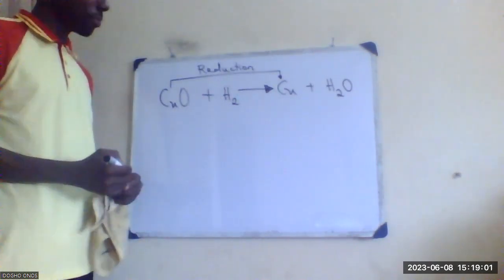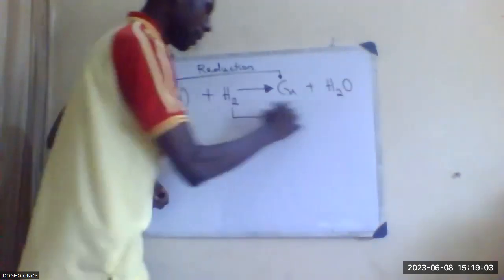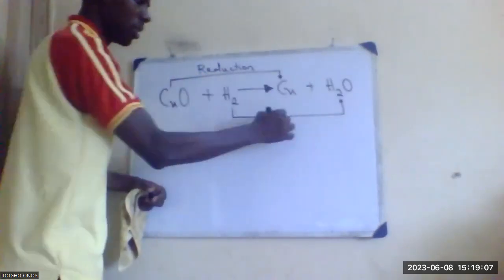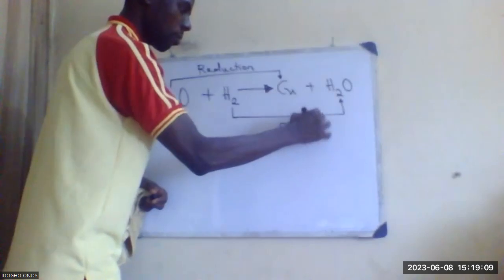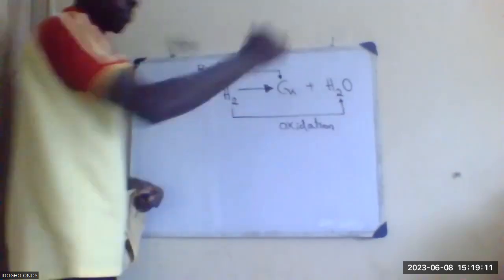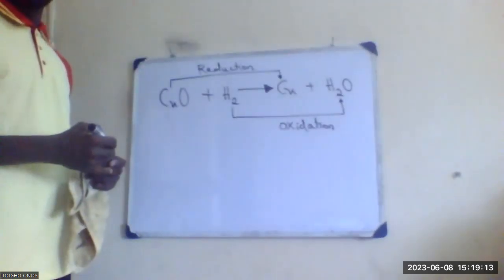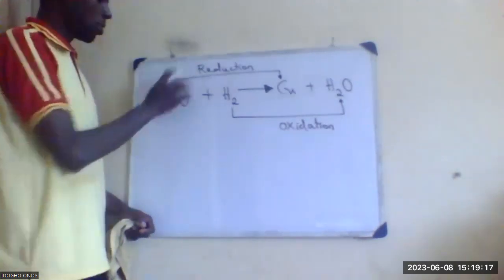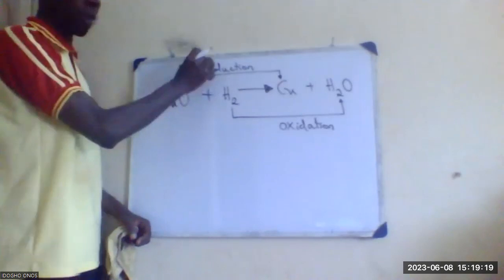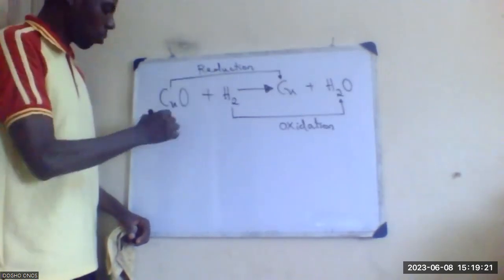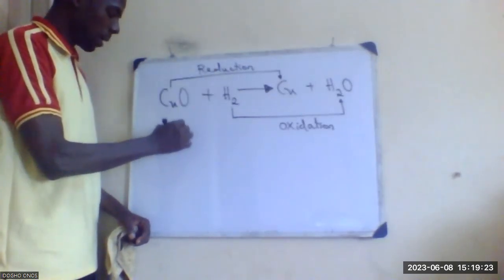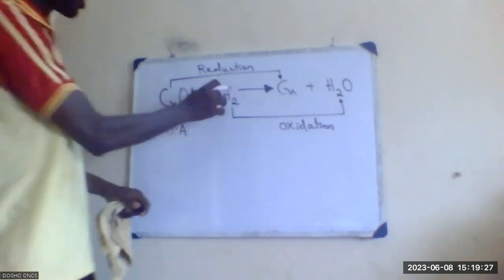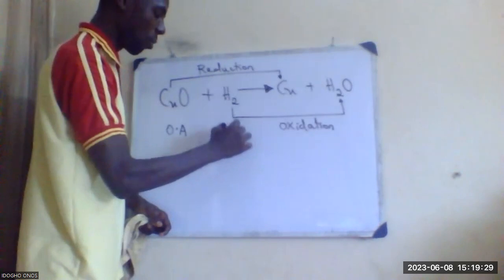Then on going this way, I have added oxygen. This is oxidation. Now I'm going to add something here. This copper(II) oxide undergoes what? Reduction. So I'll call it OA, while this hydrogen here undergoes oxidation, I'll call it RA.